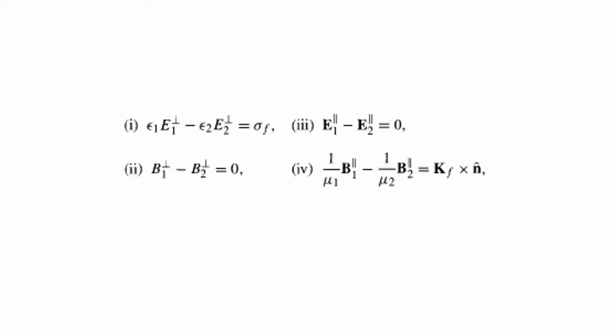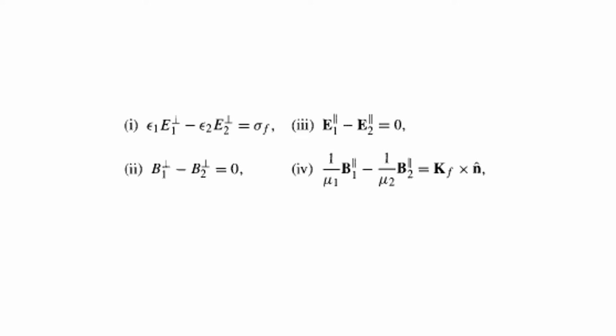So, for the case of a conductor where free charges and free currents are present, we have to use the boundary conditions as shown here. Epsilon 1 E1 perpendicular minus epsilon 2 E2 perpendicular equals sigma F, where sigma F is the free surface charge.